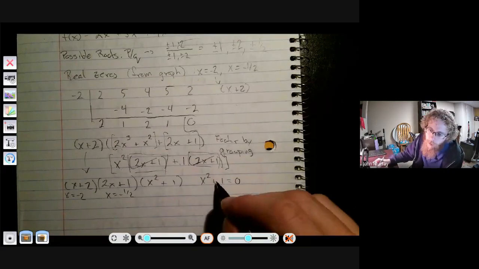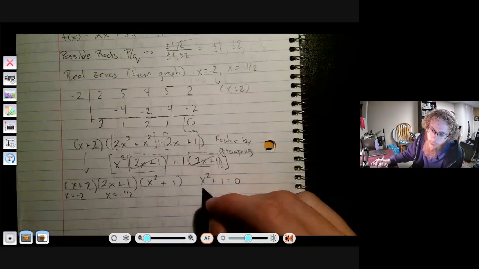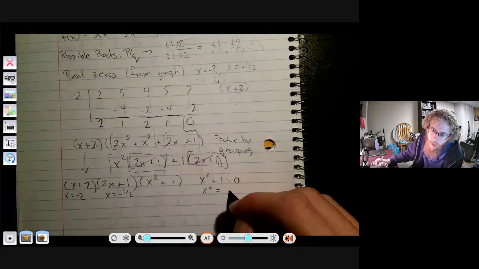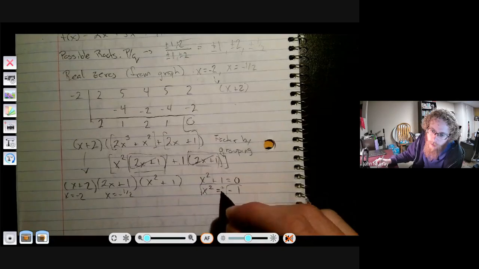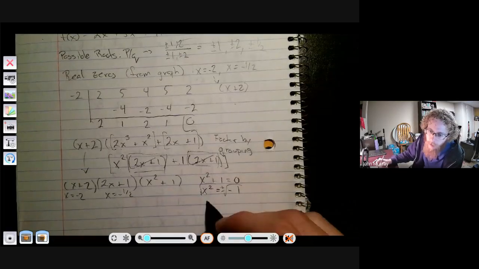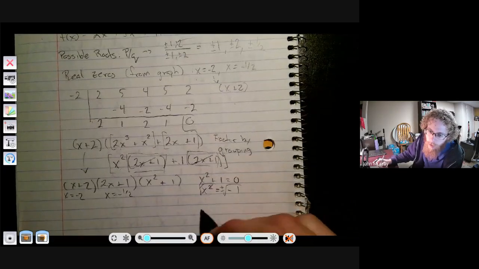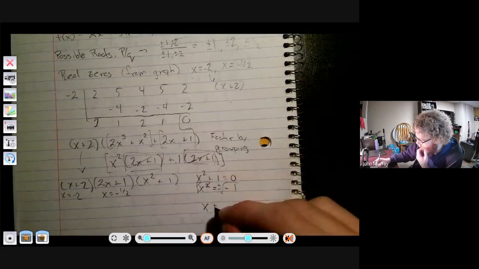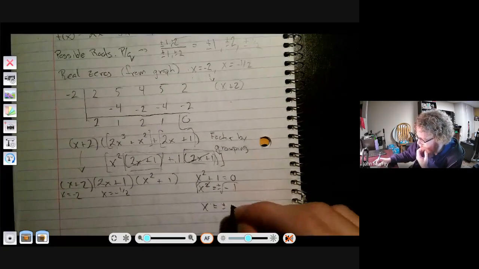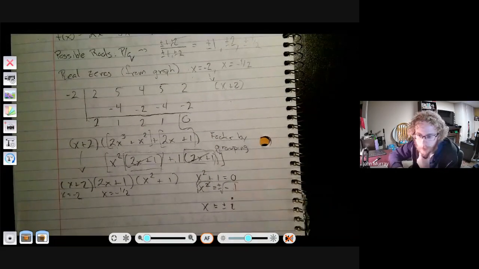So here, again, just be careful. When you're doing this, you're going to subtract 1 from both sides. When you take the square root, plus or minus, so here they cancel out. Here all we have is the square root of -1, and that's i.